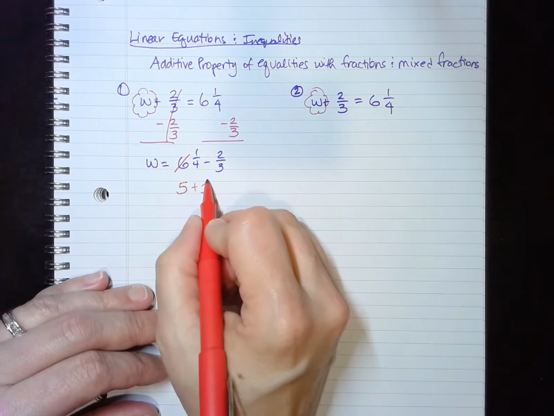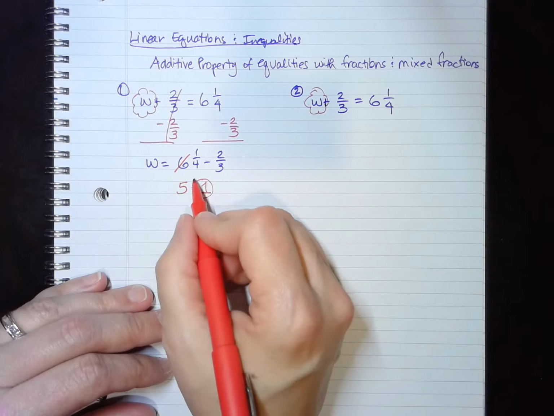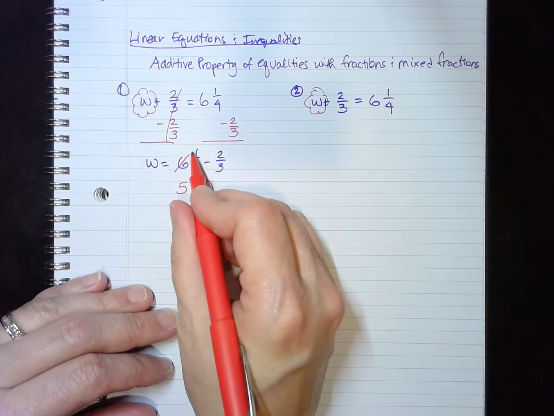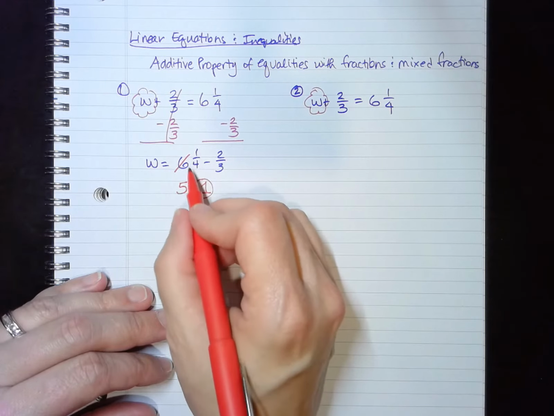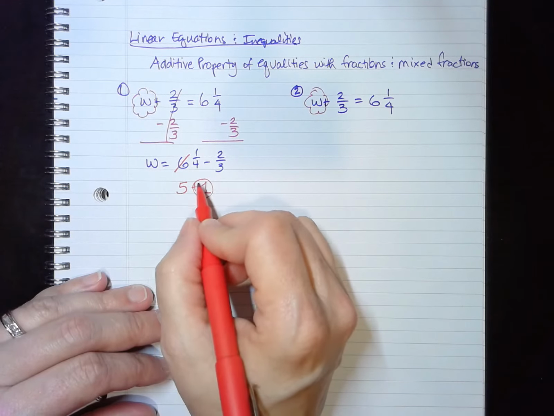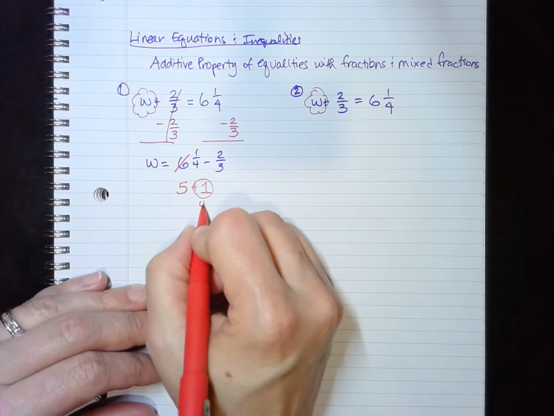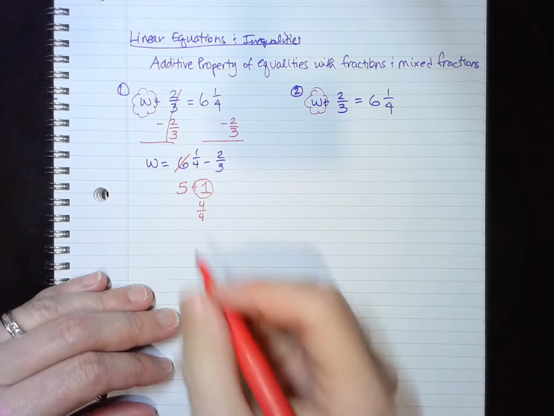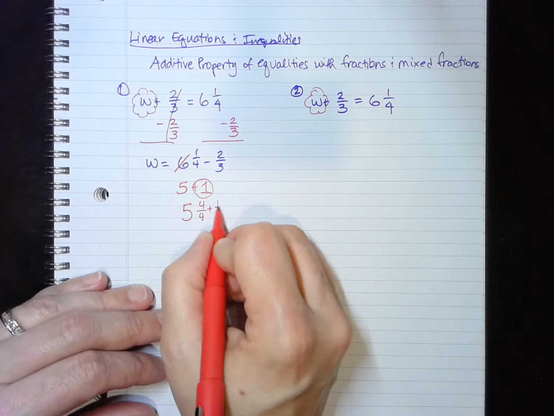The 1 that I'm borrowing from the 6, I have to make into a fraction that I can put together with this fraction. It has to be equivalent to 1, but it's got to be able to combine with 1/4. A fraction that is equivalent to 1 that also combines with 1/4, we would call 4/4. So I have 5 4/4 and 1/4.